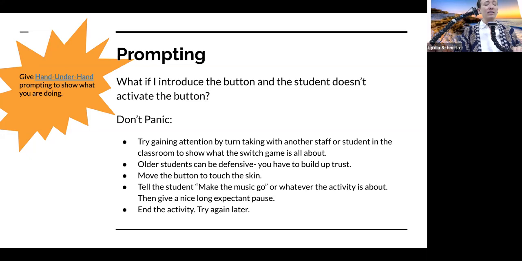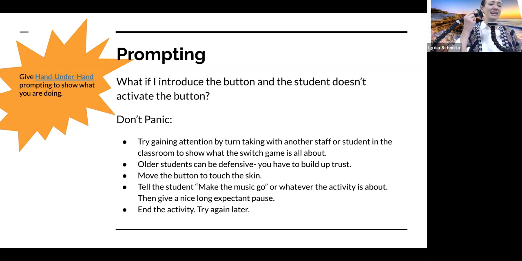I find often with older students that they can be tactilely defensive or just cautious, and you have to spend a lot of time modeling and building up trust before you can start to prompt a little more, moving to some of these bigger prompts, like moving the switch close so it's touching the skin so they accidentally activate it.